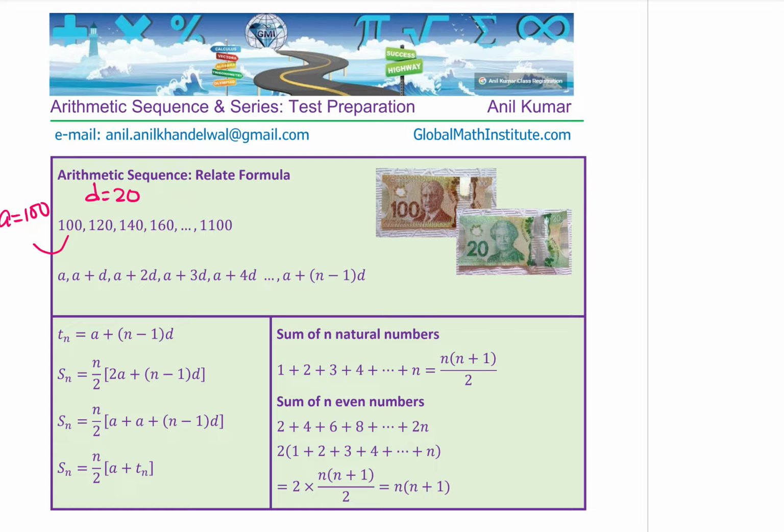So we could write this as an arithmetic series where every time we are adding D. So here we add 2 times 20, and then we add 3 times 20, which is 60. So the last term here is n minus 1 times D, right? Can you tell me the term number for this?